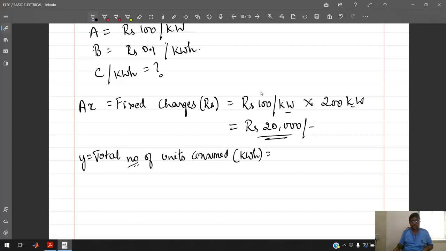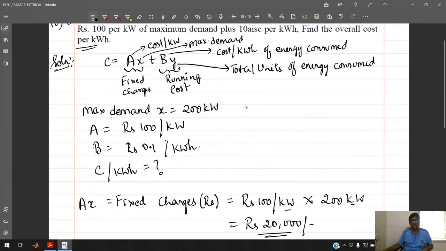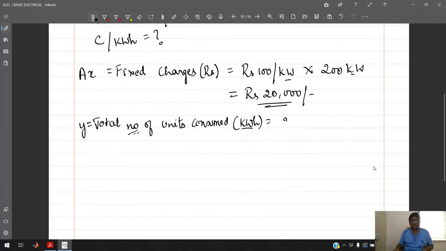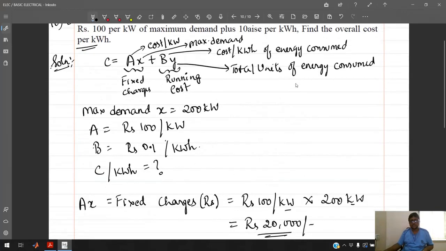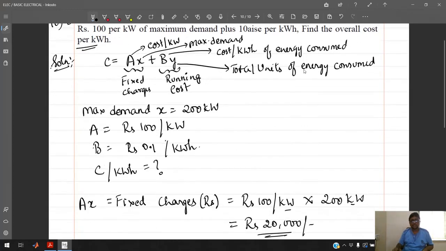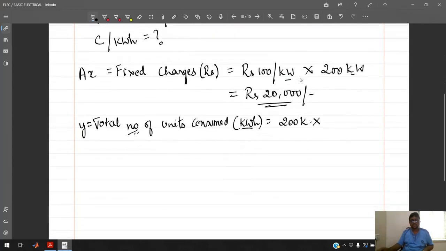So you have the power rating, which is 200 kilowatt, the maximum demand, into the power factor. Here cos phi is the 40% load factor, so it is given as 40%, or equal to 0.4.